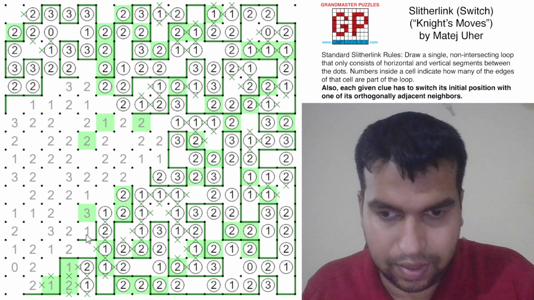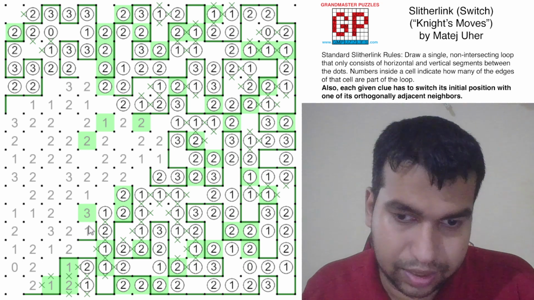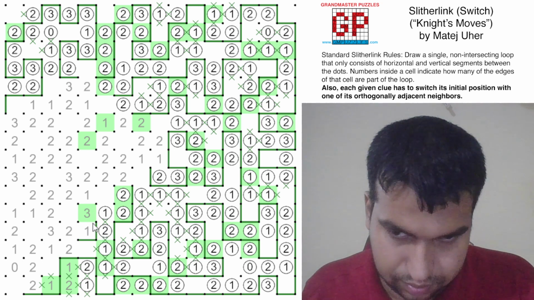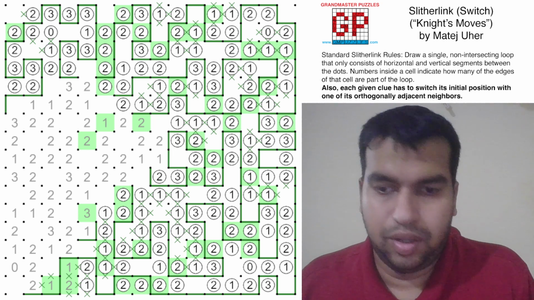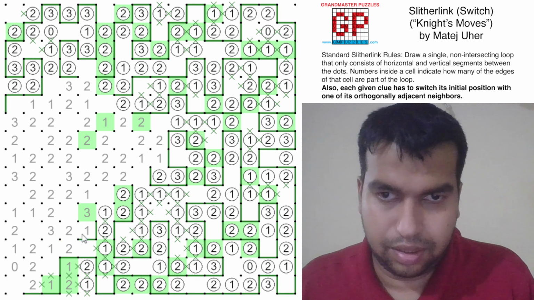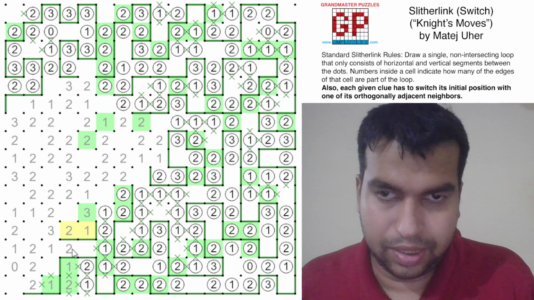Now this 1 can pair up with the 3 or the 2. So what we see is if it pairs up with the 2, then this 2 also becomes a 2 because this segment goes here, but this 2 does not have a 2 to pair up with or a 3.